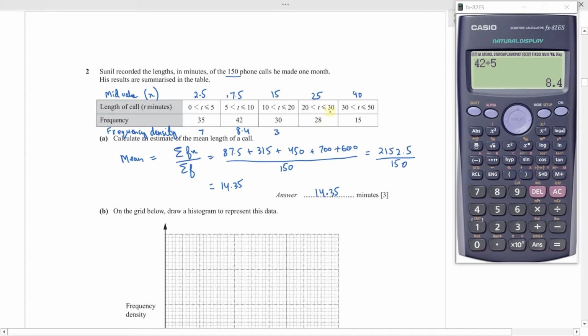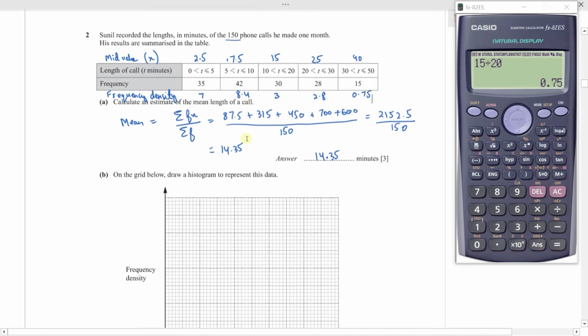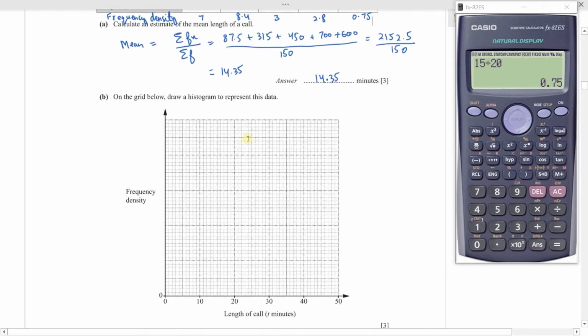Again here the interval length is 30 minus 20, which is 10. So 28 divided by 10 is 2.8. Here the interval length is 50 minus 30, which is 20. So frequency 15 divided by 20 will give me 0.75. So now I have all the frequency densities and I can draw the histogram.